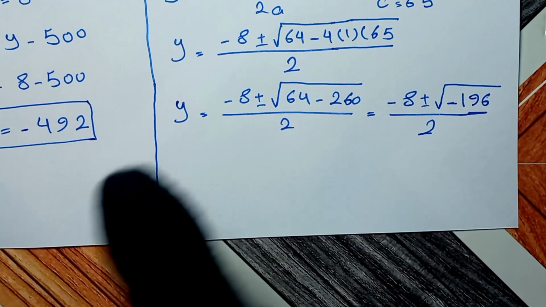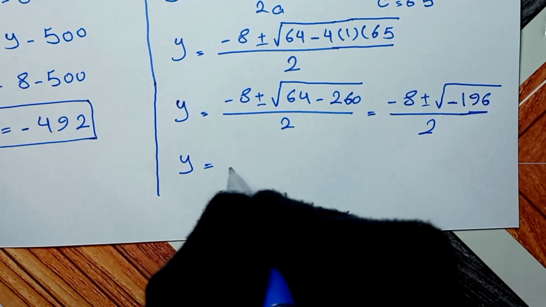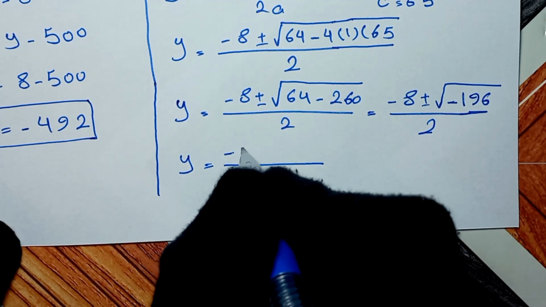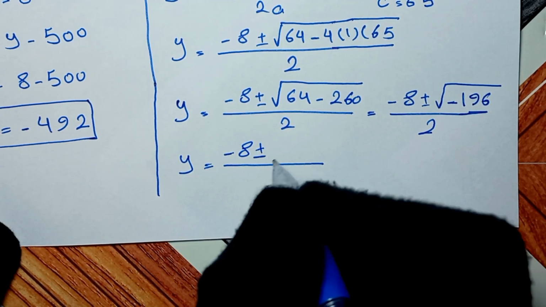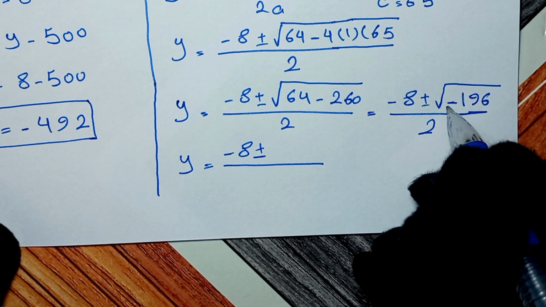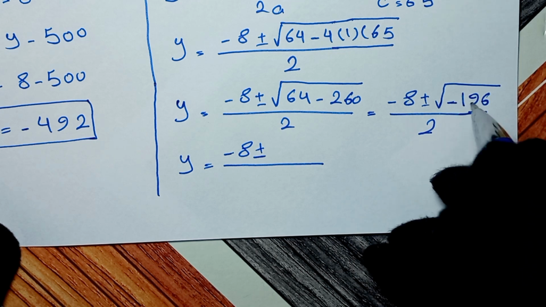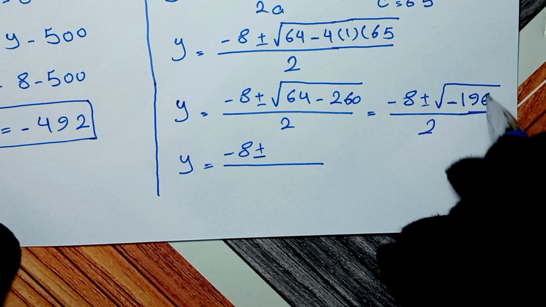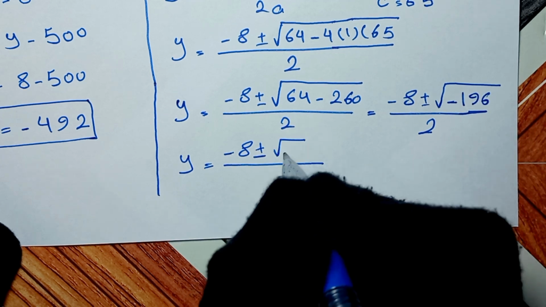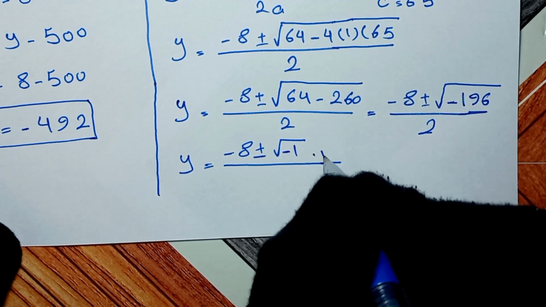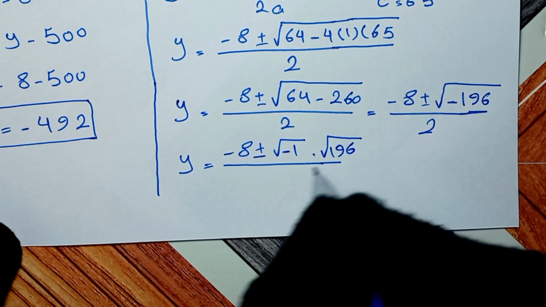So from here, y is equal to negative 8 plus or minus the square root of negative 1 times the square root of 196, right? We can write this as the square root of negative 1 times the square root of 196, over 2.